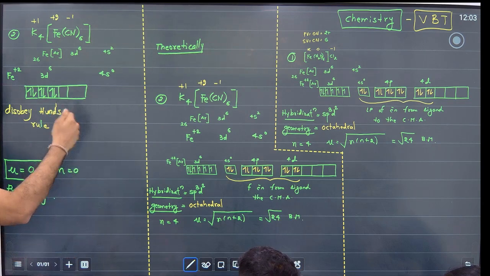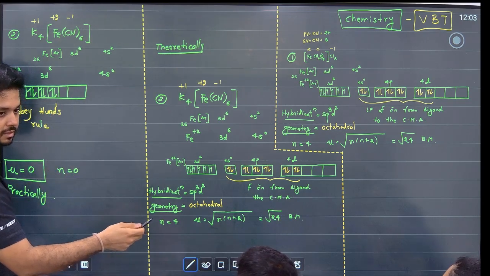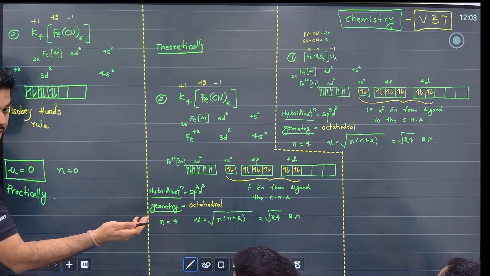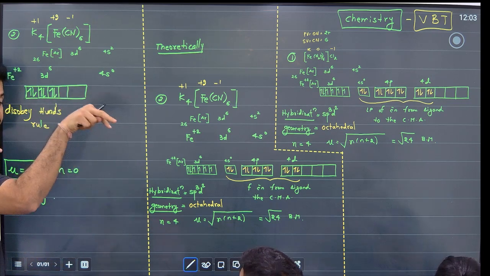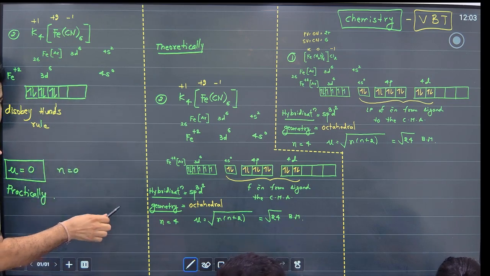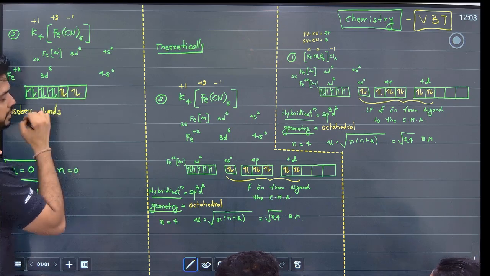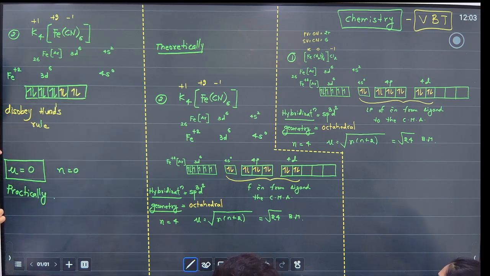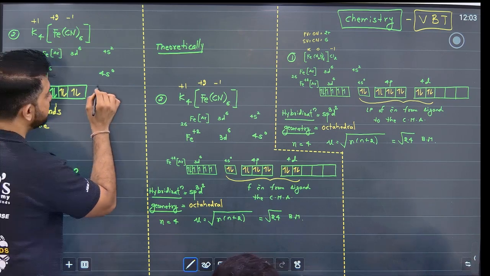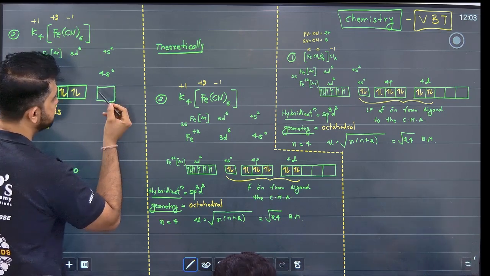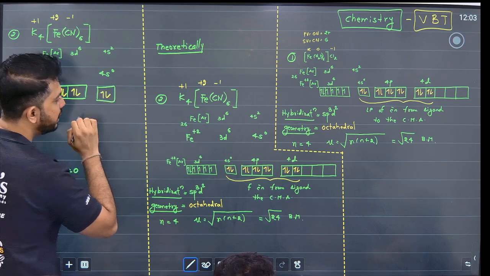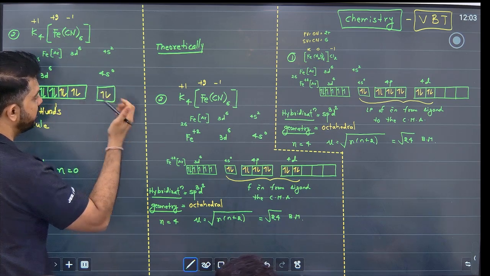And how many lone pairs are now going to come in? 6. Where will you first accommodate the first 2 lone pairs? In 3d. 1, 2. Next, the third lone pair in 4s. How many done? How many left?